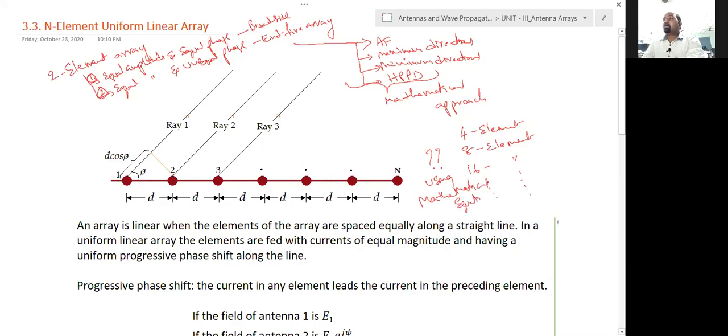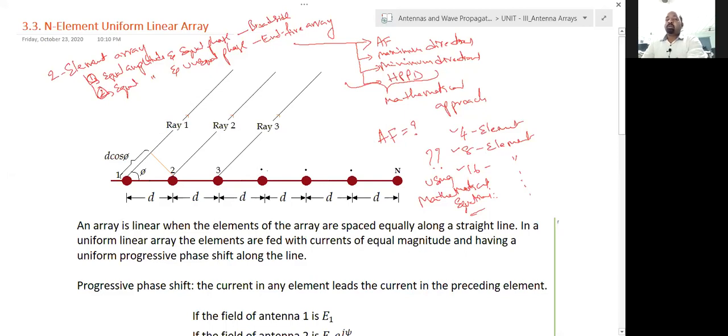Therefore, to determine the array factor for a 4 element array, 8 element array, 16 element array, or any complex array, I'm going to discuss the N element uniform linear array, and how to determine the array factor of any complex array.